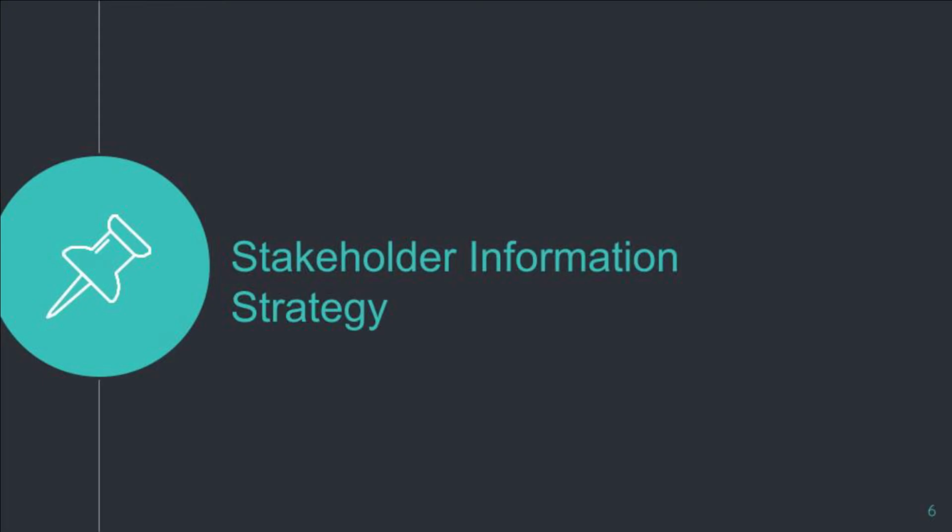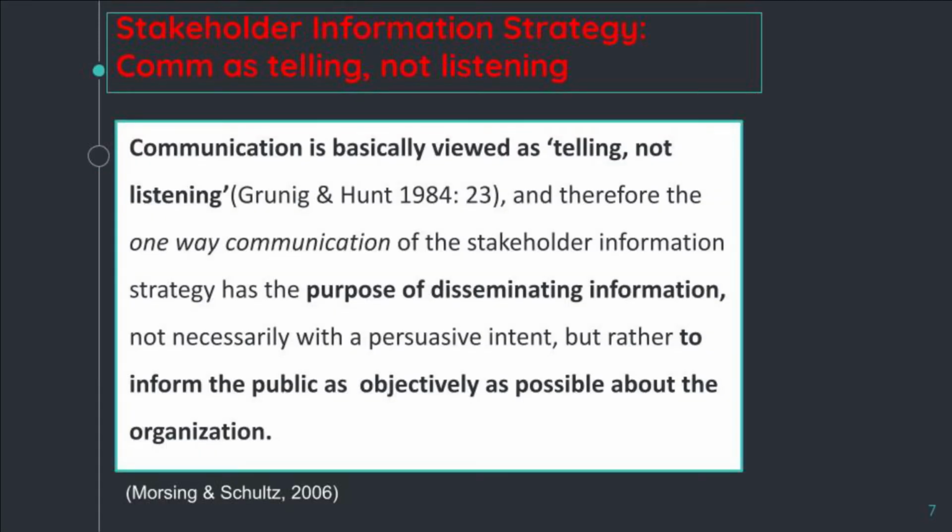So let's start with the stakeholder information strategy. Here, communication is basically viewed as telling, not listening. So we can say that there is one-way communication, and the purpose is to disseminate information.